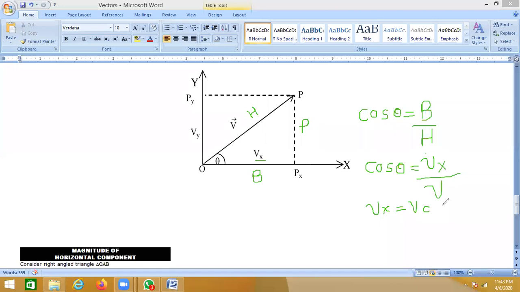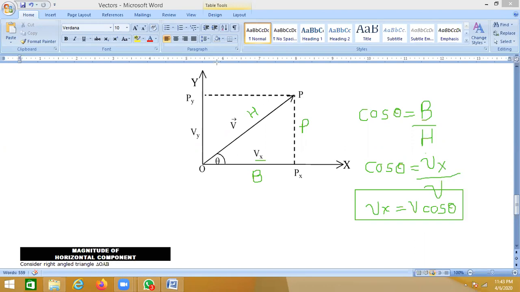So this is the formula for the horizontal component of the vector. You can take V as a velocity. Velocity is also a vector quantity, right?